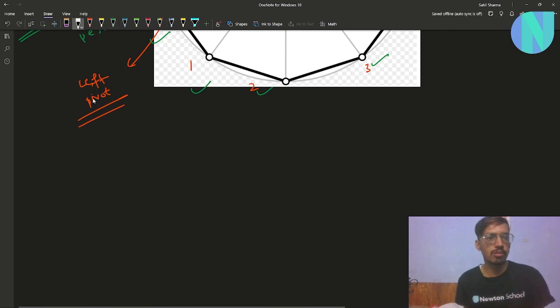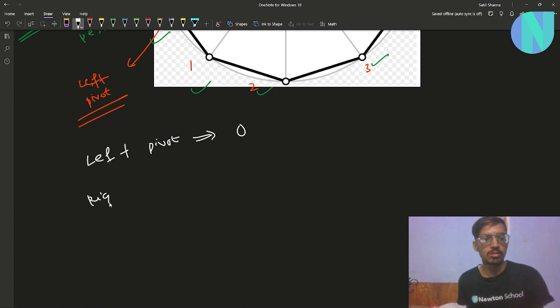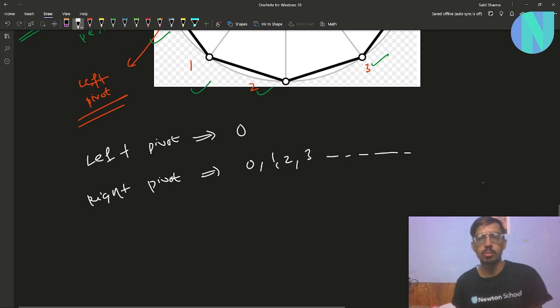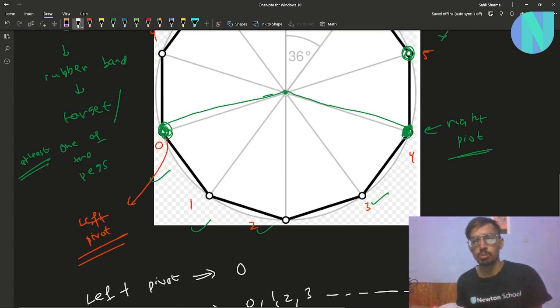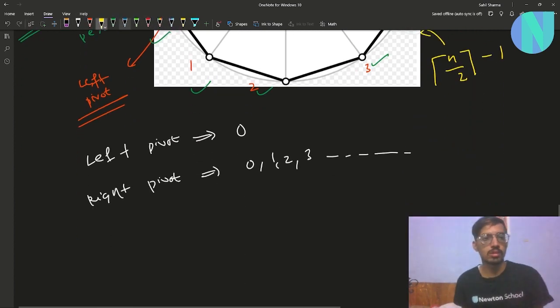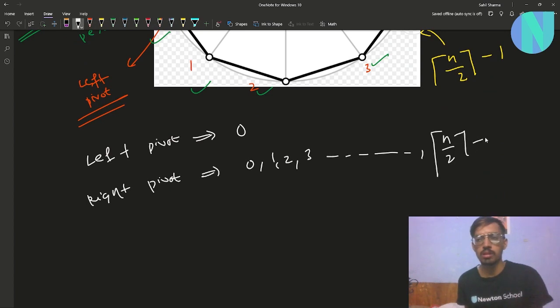So if my left pivot is at 0, then the possible values of my right pivot are 0, 1, 2, 3, and so on up to... If you try to draw some examples and get the formula for the rightmost pivot, you will get ceiling of n by 2 minus 1. So here the last value is ceiling of n by 2 minus 1.